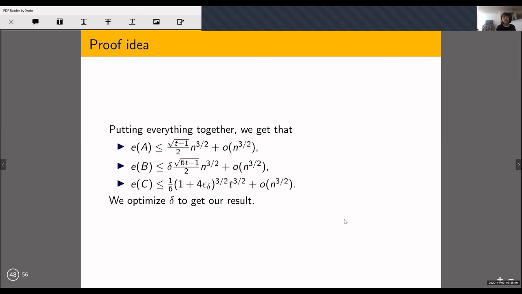So putting together everything we had these three different classes of edges, and these are the bounds that we got. And then in the end, we just need to optimize delta, and that's going to give us the result that we wanted in the end. Oh, sorry, this should have an n to the 3/2.